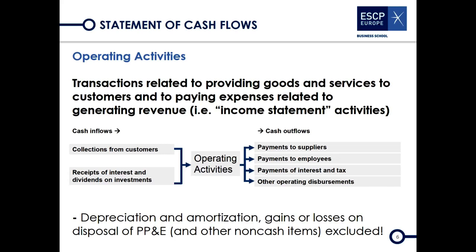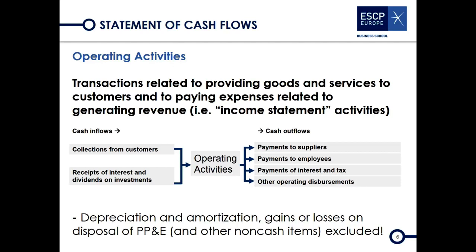Operating activities. What you see here again, we distinguish cash inflows coming to the company and cash outflows going out of the company. Cash inflows related to operating activities are collections from customers, or receipt of interest and dividends on investments. These are my cash inflows that you would see here under operating activities.